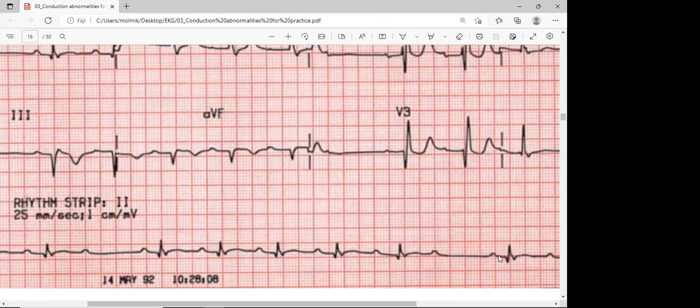Looking at the PR intervals, the last one is longer than the first one, so it's going to be Mobitz type 1. Yes, Mobitz type 1. Okay, go on.